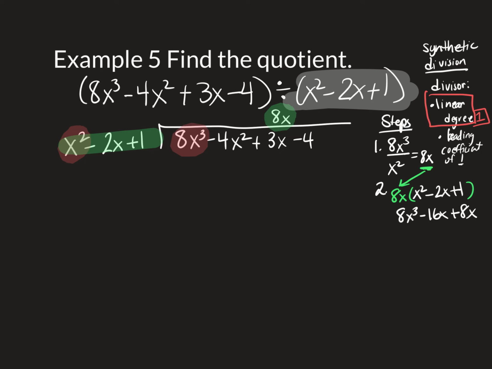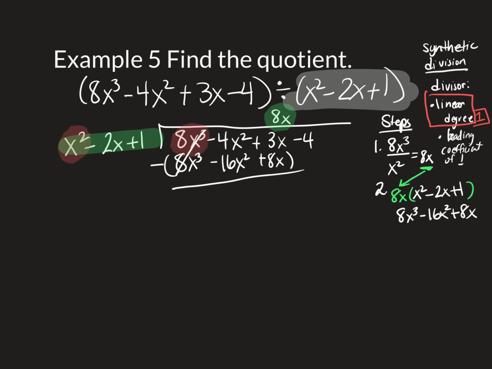You don't have to write those answers there. Put them under their like terms. 8x cubed minus 16x squared plus 8x, then subtract. And again, if you want to write this as addition and change every one of these signs, you are welcome to do that. I just subtract.